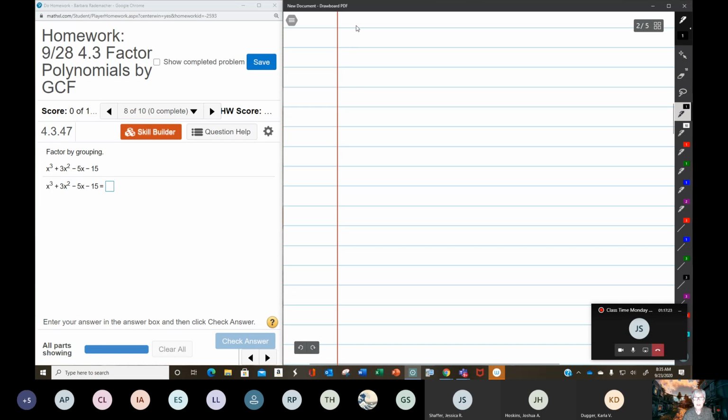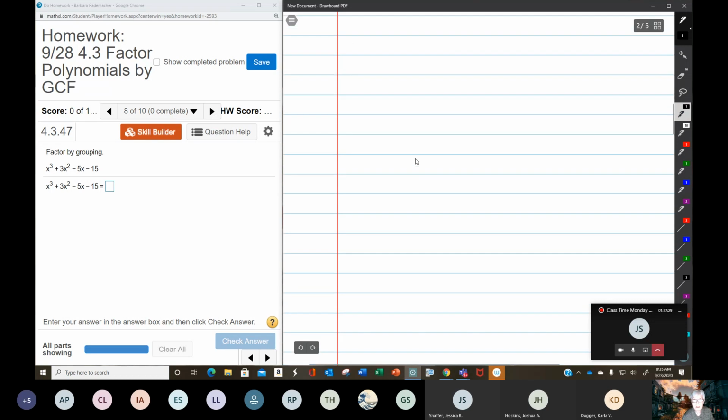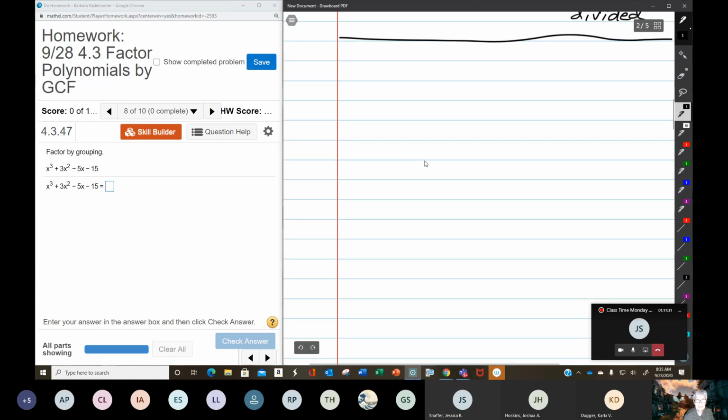Okay, it's a cubic again, a 4-term cubic polynomial. X to the third plus 3x squared minus 5x minus 15.